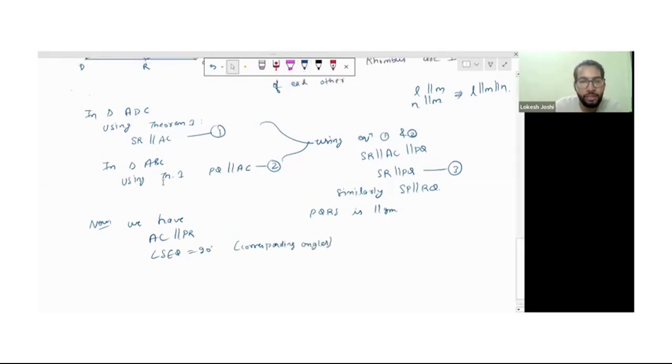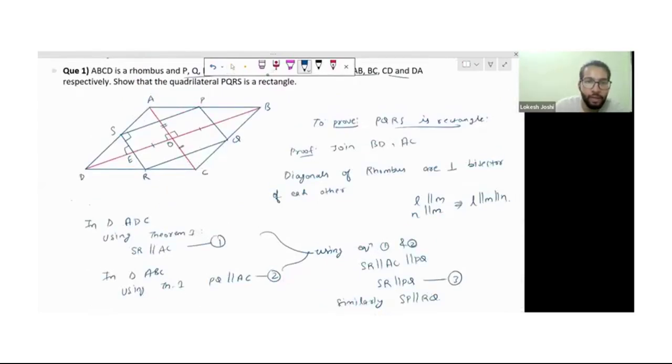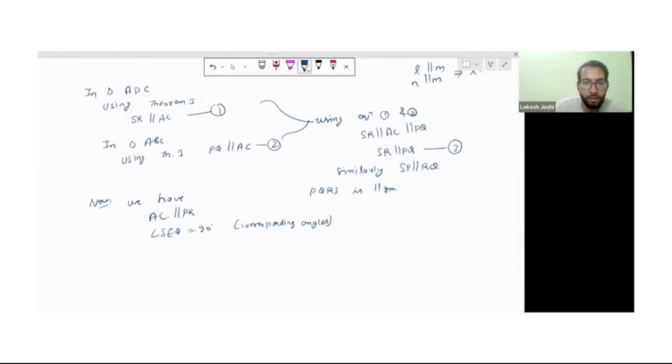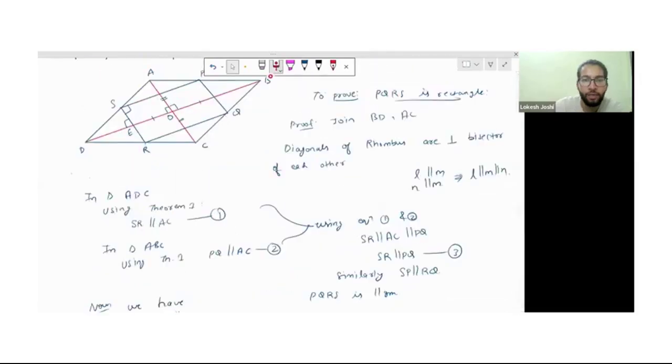Okay, now the same thing again. We have SP parallel to BD, and SR is the transversal. So they are alternate interior angles, so they should be equal.